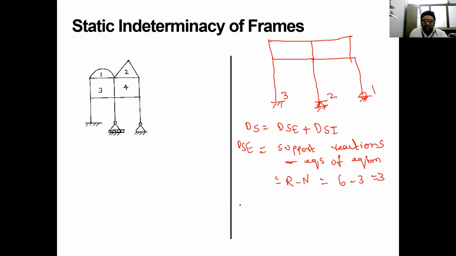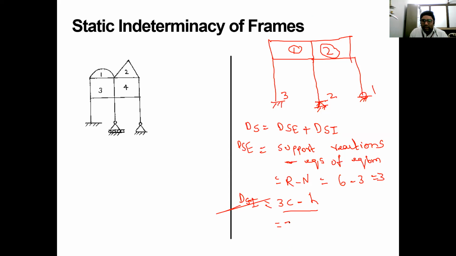Next, all of you please see on the screen, degree of internal indeterminacy is equal to 3C minus H. So how many closed boxes are there? 1. This is second closed box, 2.